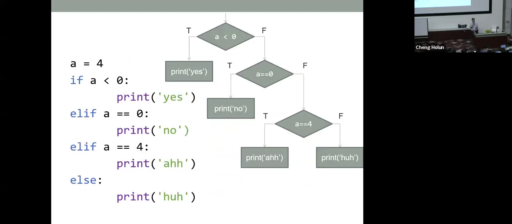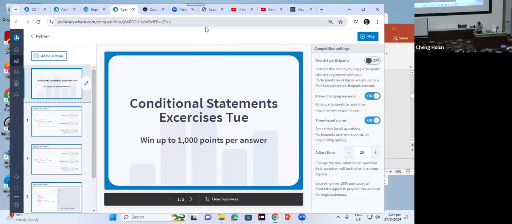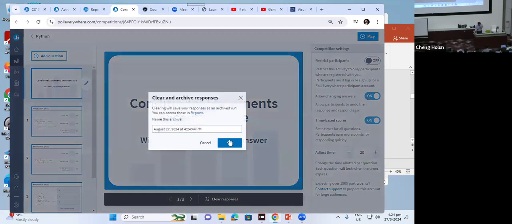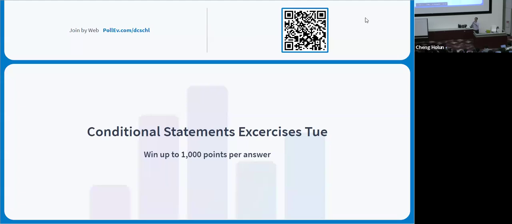Okay, let's see if you understand it. I would like to ask you to get your phone or whatsoever to try this quiz together. Okay, this is the code. I will give about 1 minute for everybody to scan. Don't worry, it's not graded, so feel free to try.